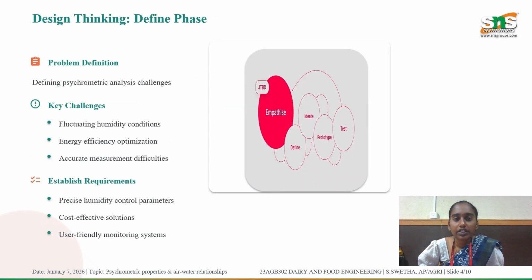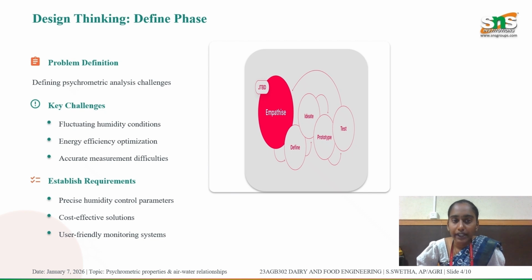In design thinking, the next phase is define. Here I take a problem statement: how are we going to define the psychrometric analysis changes? What surrounding changes generally happen if there is a change in air, water, and vapor mixtures? What are the key challenges we generally face, like fluctuating humidity conditions and energy-efficient optimization for equipment like extruders and seasoning tumblers, and processing lines in packaging units, etc. There are also accurate measurement difficulties.